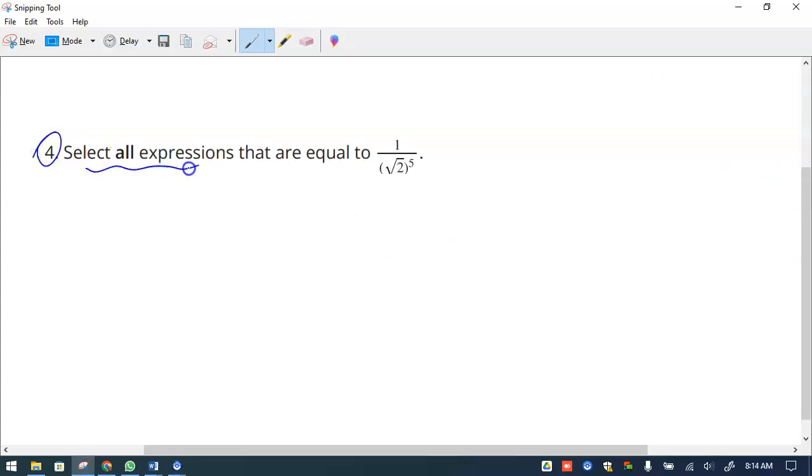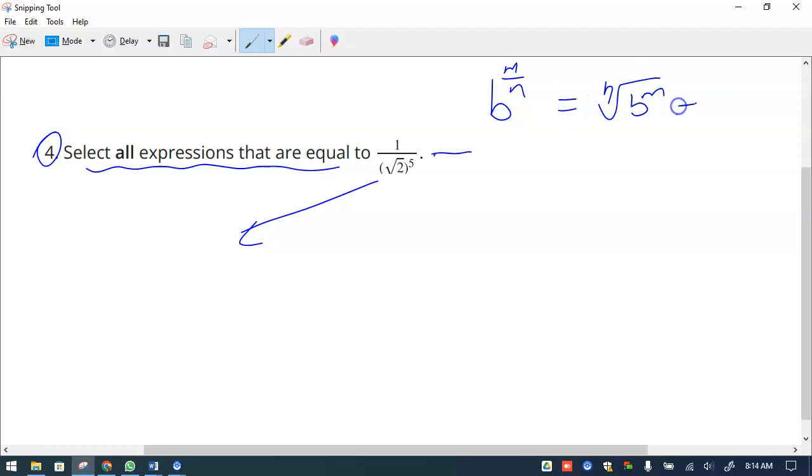Question: select all the expressions that are equal to this one. This could be written in different ways. Remember, b raised to m over n is the nth root of b raised to m. So we can write this expression in different ways.